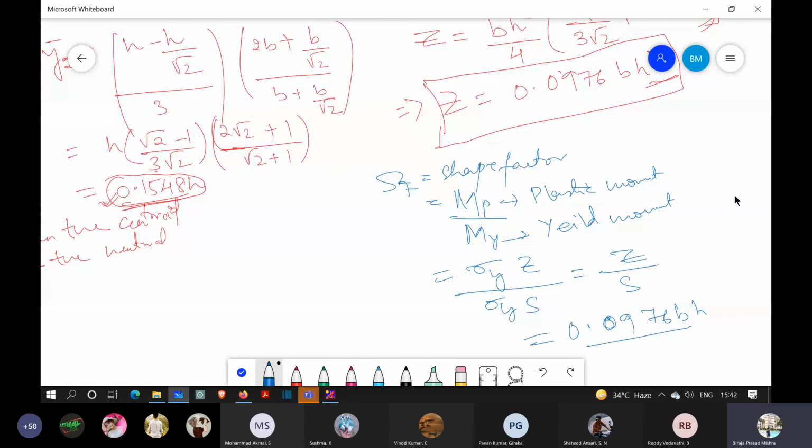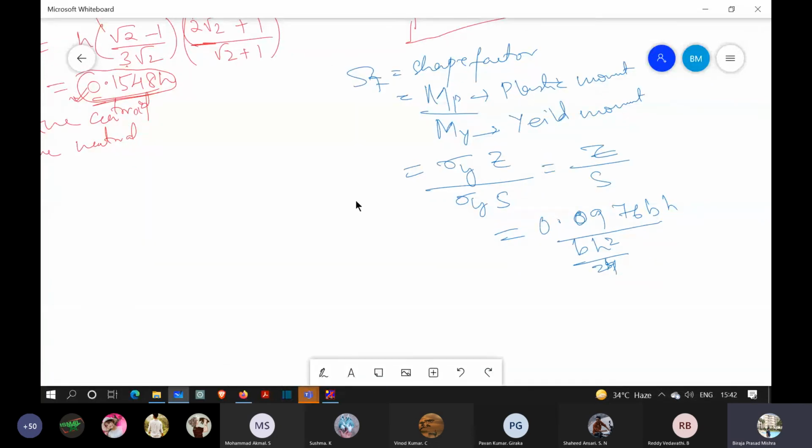Is it correct? So if you solve this one, it will come out as 2.34. That is the SF.